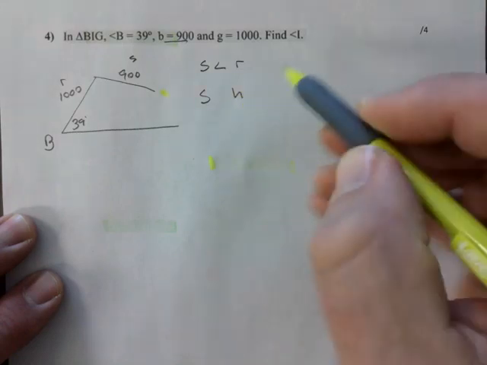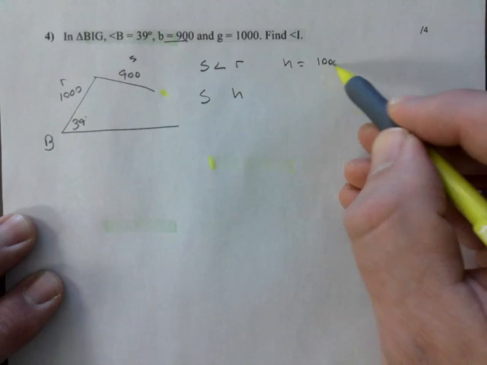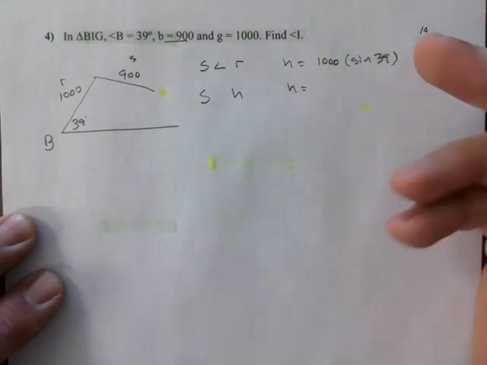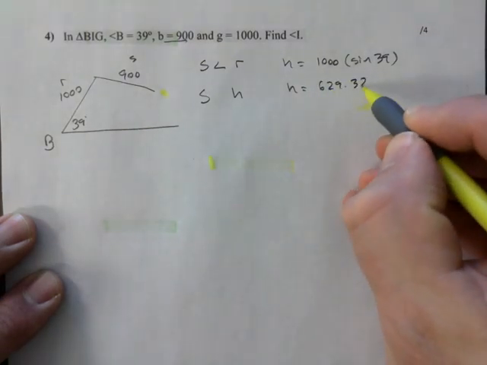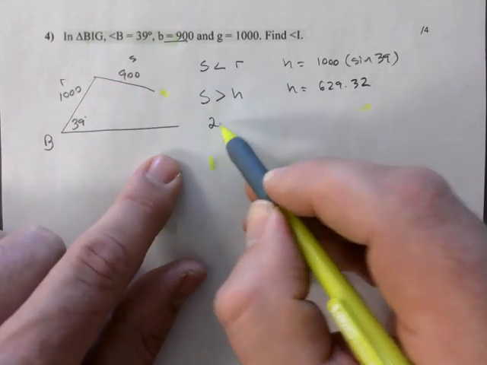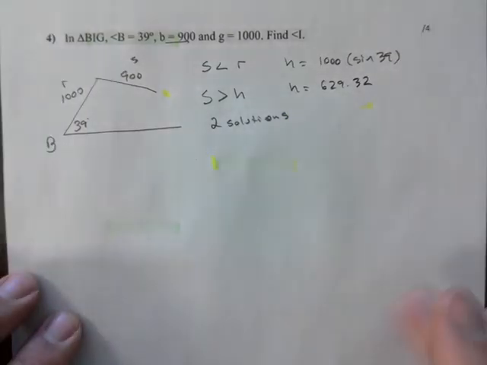And then string and height, you have to find your height. So this would be 1,000 times sine of 39. And that gives you 629.32. And obviously string is greater, so 2 solutions.